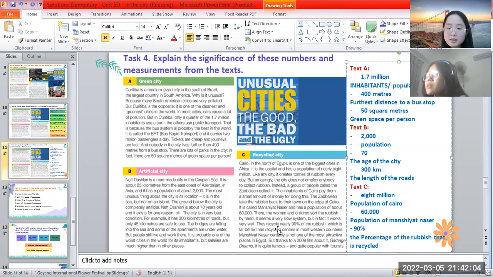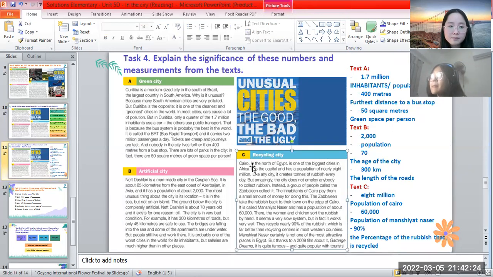Yes, because they recycle nearly 90% of the rubbish. So 90 is the percentage of the rubbish that is recycled. So here are some numbers and measurements from the 3 texts that we just discussed.